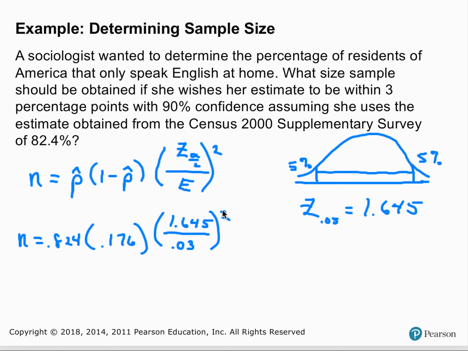And then just put that in your calculator: 0.824 times 0.176 times 1.645 divided by 0.03 squared, and I got 436.04. And because we always round up, she needs her sample size to be 437 individuals.